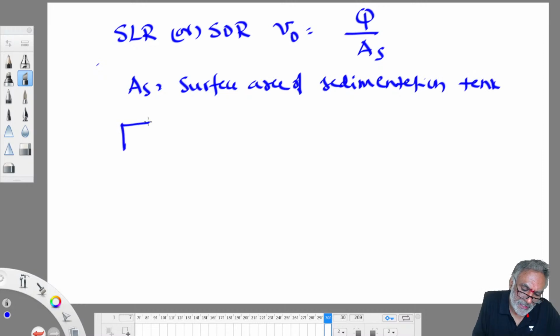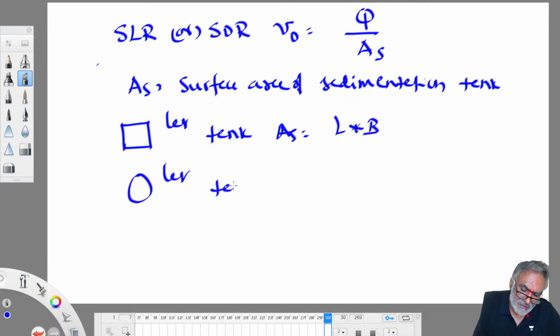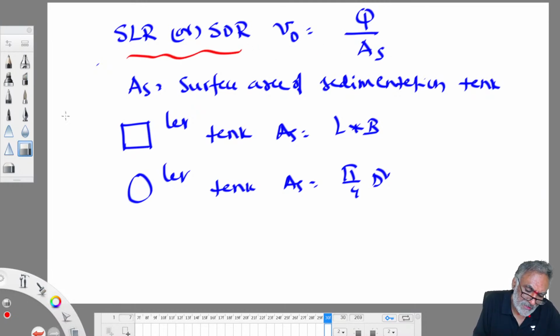So for rectangular sedimentation tanks, surface area is equal to L into B. For circular sedimentation tanks, surface area is equal to pi by 4 D square. This is one very important design parameter, surface loading rate or surface overflow rate.